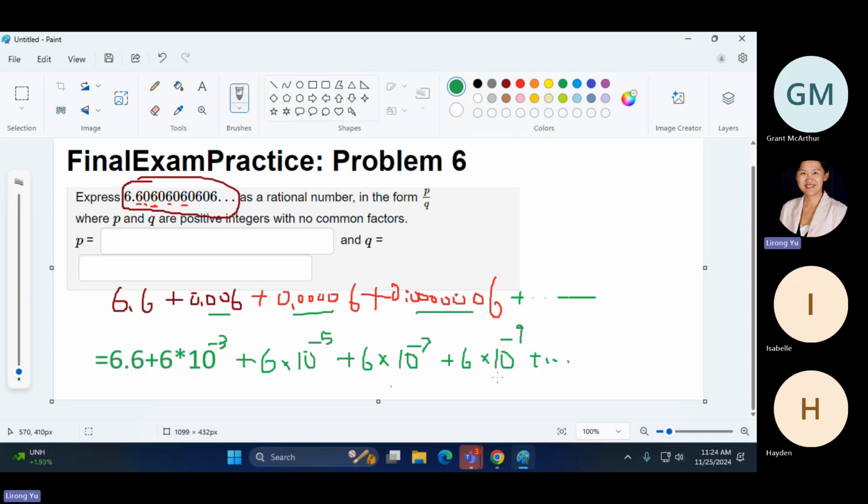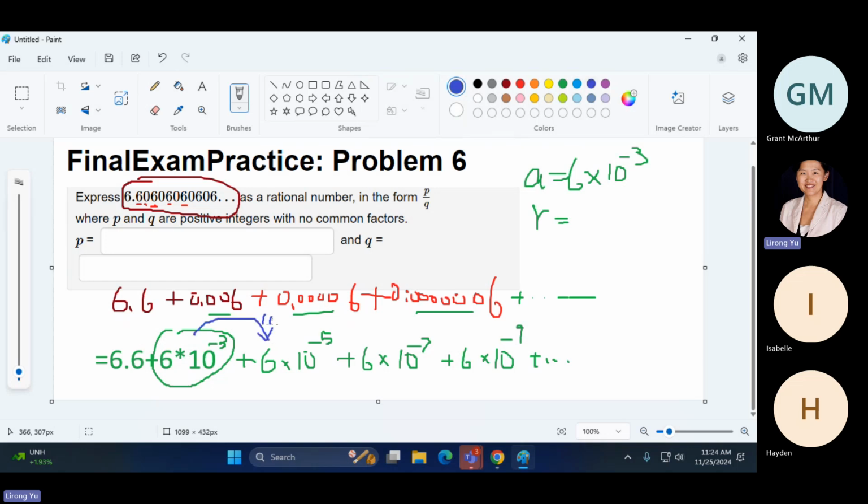So we can see the pattern there. This is a geometric series. We can see the initial term will be this one, and then A would be 6 times 10 to the negative 3. The initial term is A, and the common ratio is the one you multiply in between, from this one to that one.